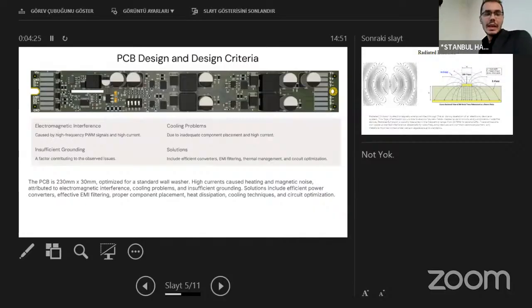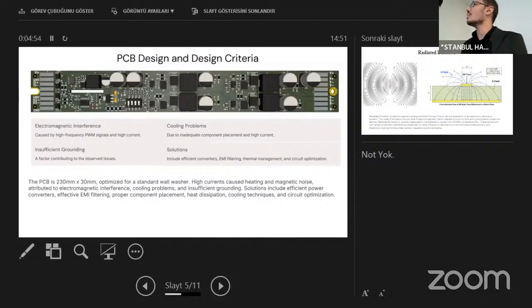PCB design. Electromagnetic interference is caused by high frequency PWM signals and high current. If you have a high current and high frequency signal, you must produce electromagnetic noise.